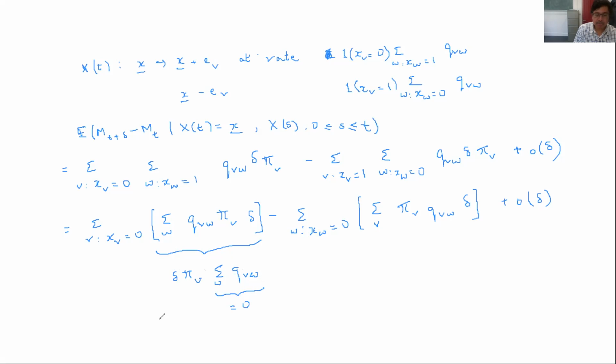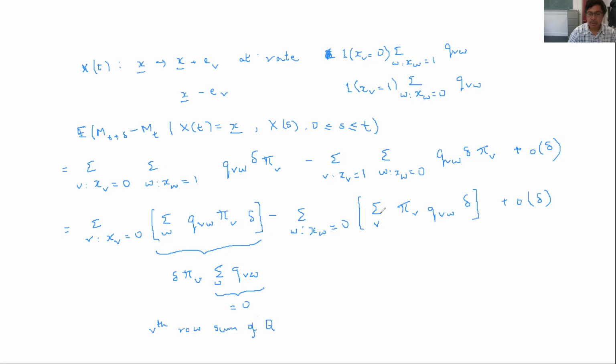Okay, because this is the vth row sum of Q. So this sum is 0, which means this whole sum here is 0, which means we are adding up a bunch of zeros and everything here is 0. So the first term is 0.